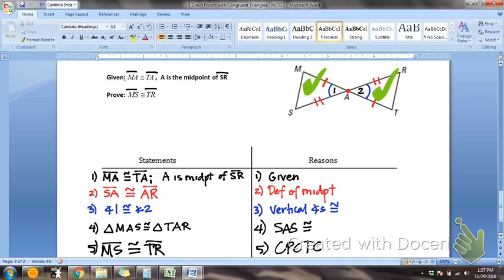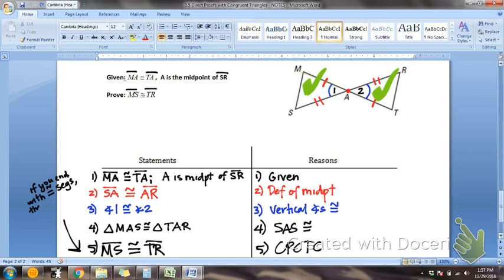Please make yourself a note here. Step number 5. Patrick, wake up. If you end with congruent segments, okay, so we ended our proof with congruent segments.